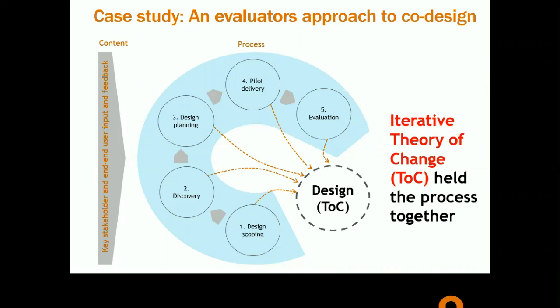First step, very similar to how we do most of our projects, was to do a bit of scoping and find out what we could. Then we went into a phase we called discovery, which is where we really wanted to dig deep into more detail about the what. So what were the challenges? Why were these target groups getting into trouble in the first place?